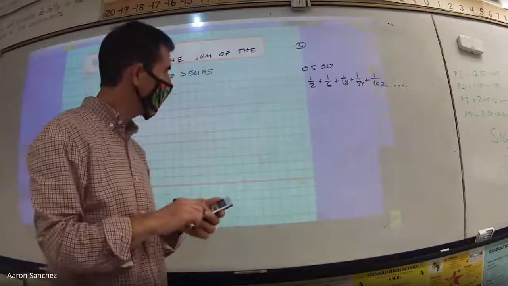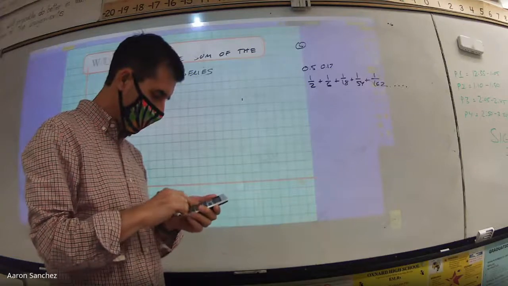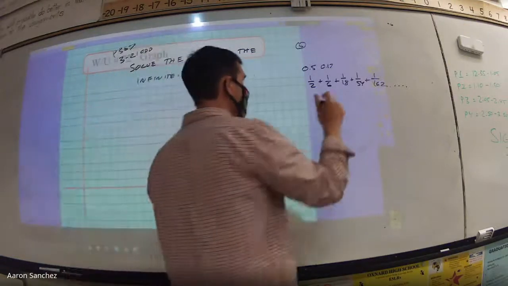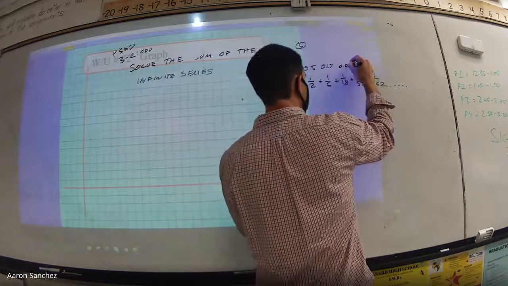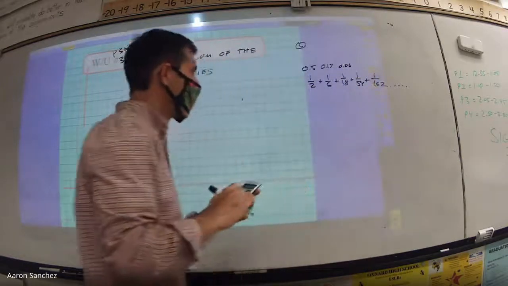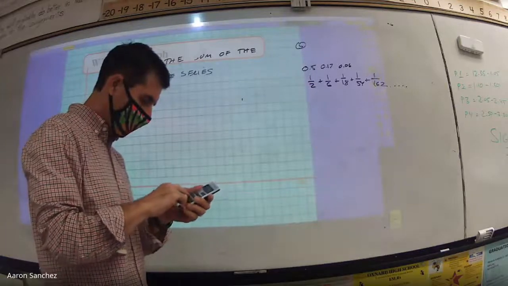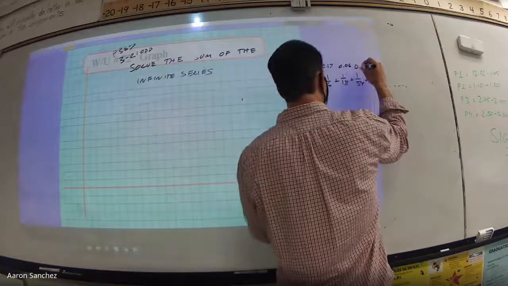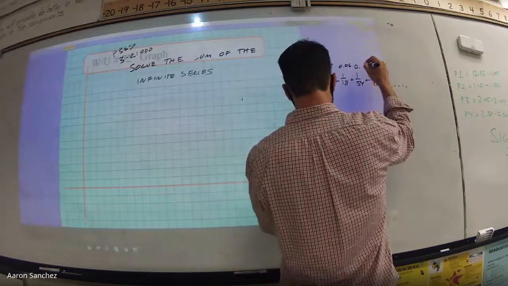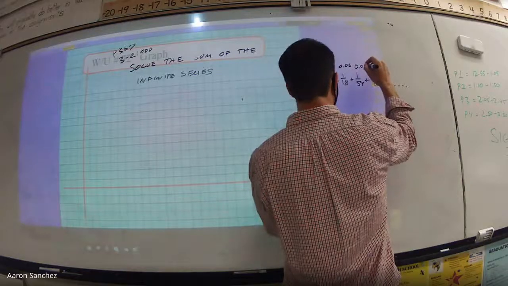I'm just using my calculator to figure these out. 1/18, 1 divided by 18 is 0.06. 1/54, 1 divided by 54 is 0.02.